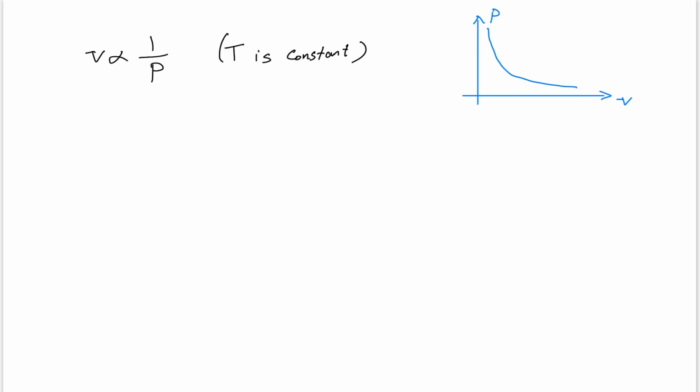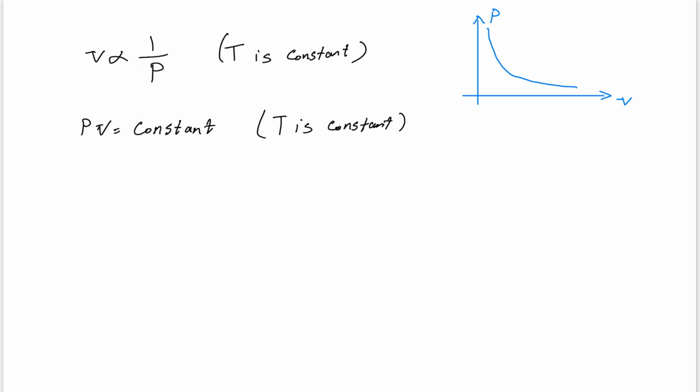The other thing is that this is Boyle's law. Boyle was a scientist and he found out that pressure times volume in gases will always give a constant value when the temperature is constant, of course.